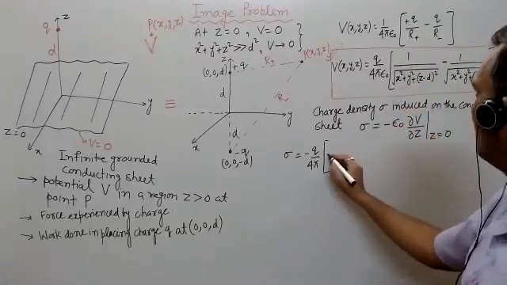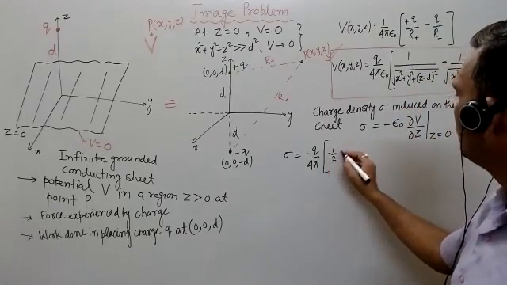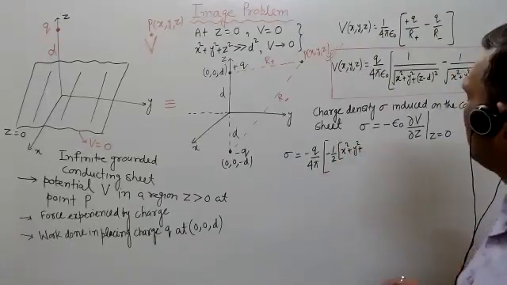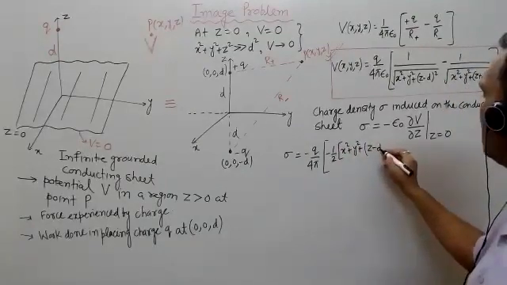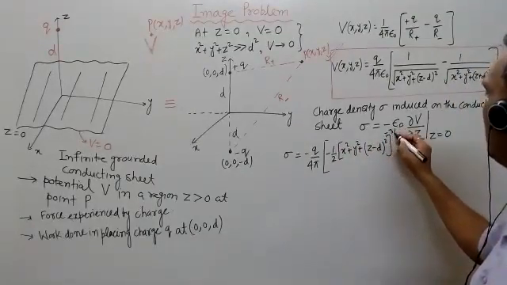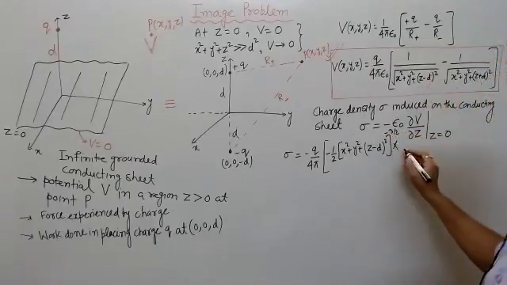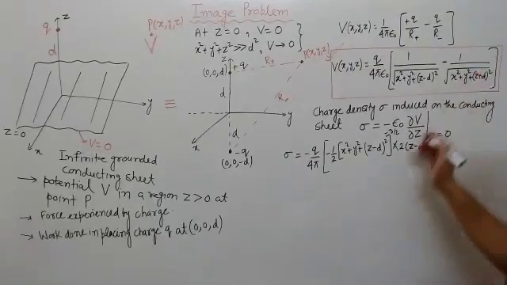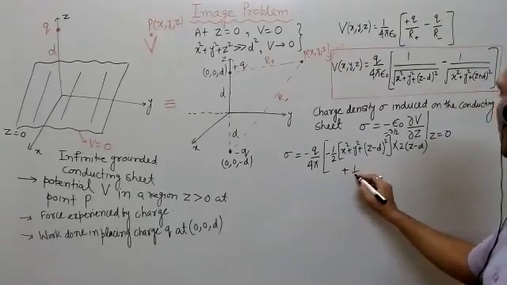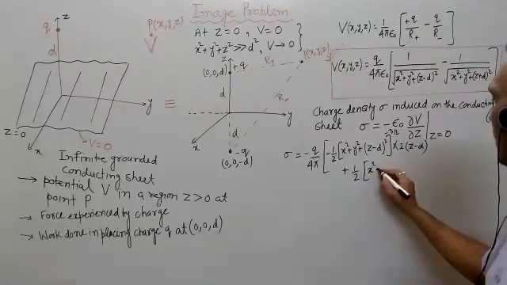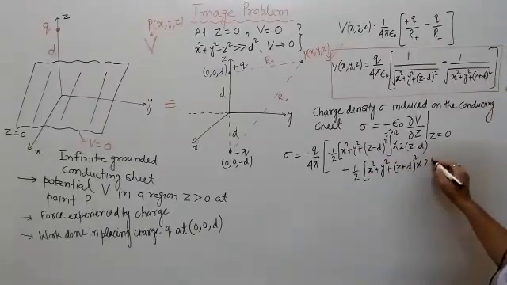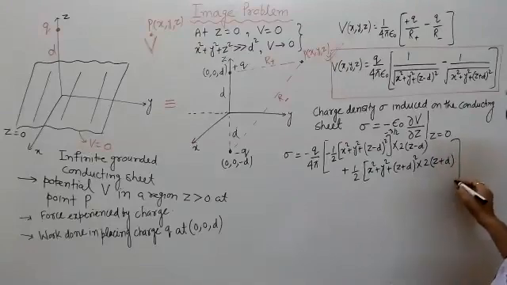This will give you minus of 1 by 2 (x square plus y square plus (z minus d) whole square) power minus 3 by 2, and then differentiate with respect to z, so you will get twice (z minus d), and the second term will give you plus 1 by 2 again (x square plus y square plus (z plus d) whole square) power minus 3 by 2 into twice (z plus d), and finally you have to put z is equal to 0.